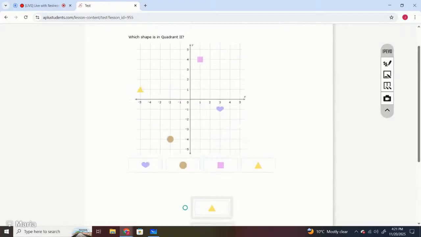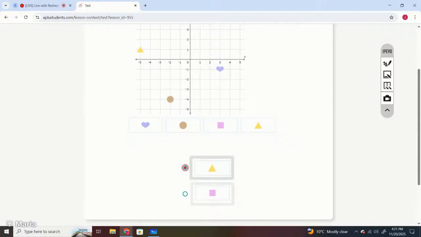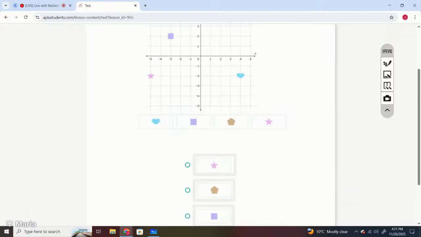What shape is in quadrant 2? This is the first quadrant, this is the second quadrant. That is a triangle. Option number 1 is the correct option.